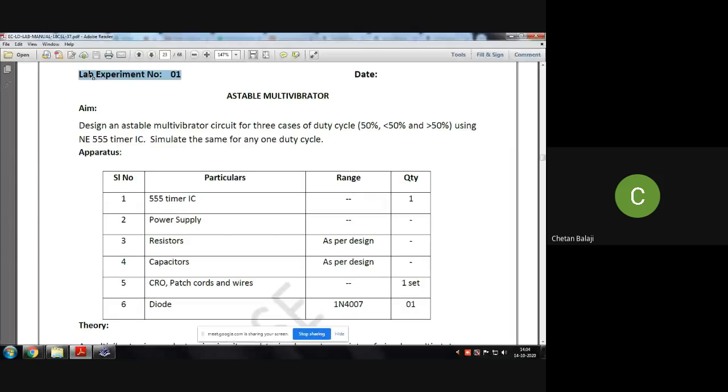Simulate the same for any one duty cycle. Copy the question.